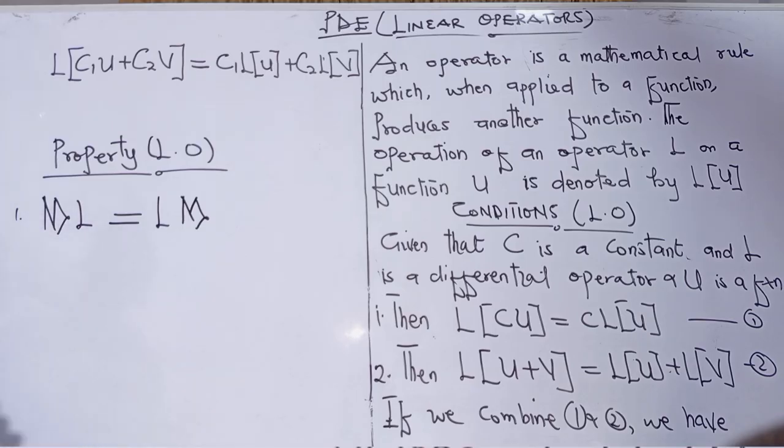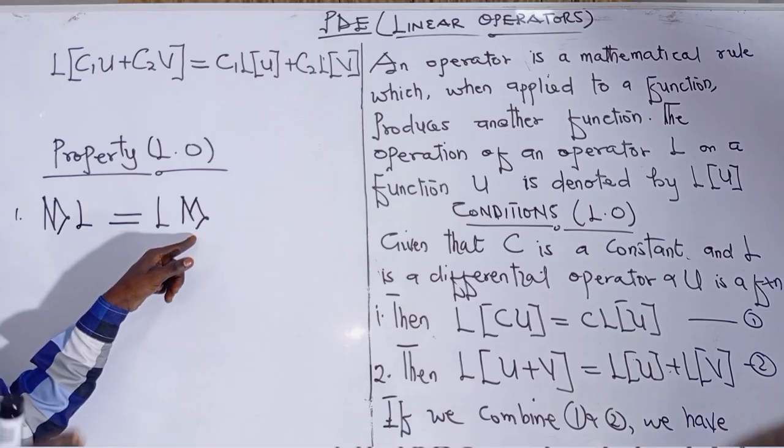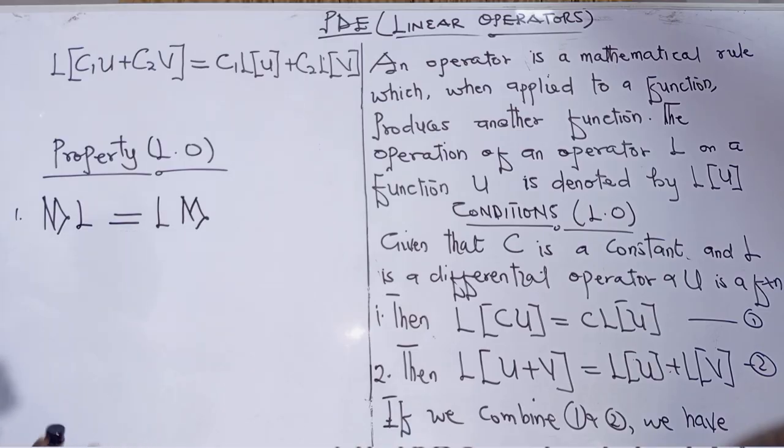If you have differential operators with constant coefficients, then M operating on L is the same as L operating on M. That is commutativity.